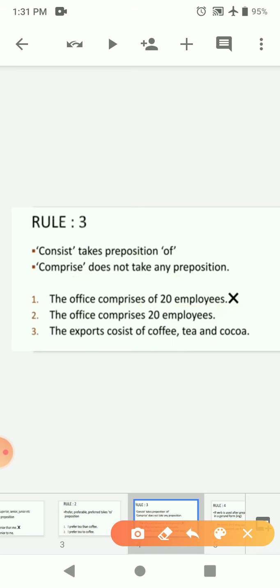For example, "The exports consist of coffee, tea, and cocoa." But if we have comprise, we do not use any preposition. "The office comprises of 20 employees" is incorrect.